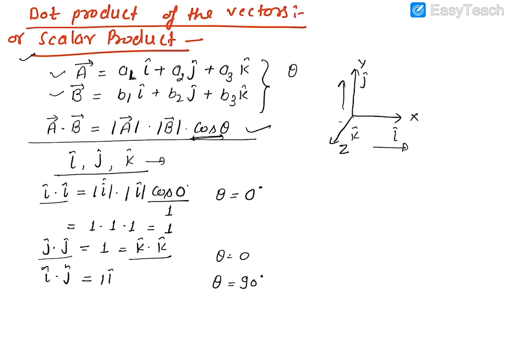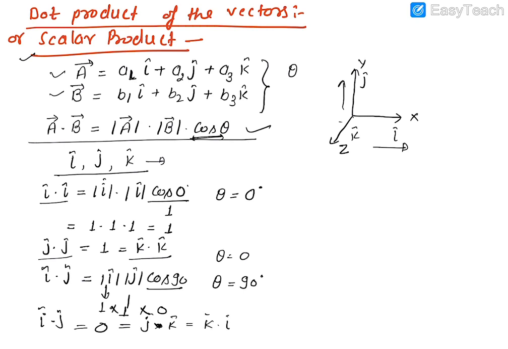Then mod of i cap, mod of j cap into cos of 90: this is 1, this is 1, but cos 90 is 0, so the whole term is 0. That means the dot product between any two unit vectors which are perpendicular to each other is 0, right? Or k dot i is 0, right?